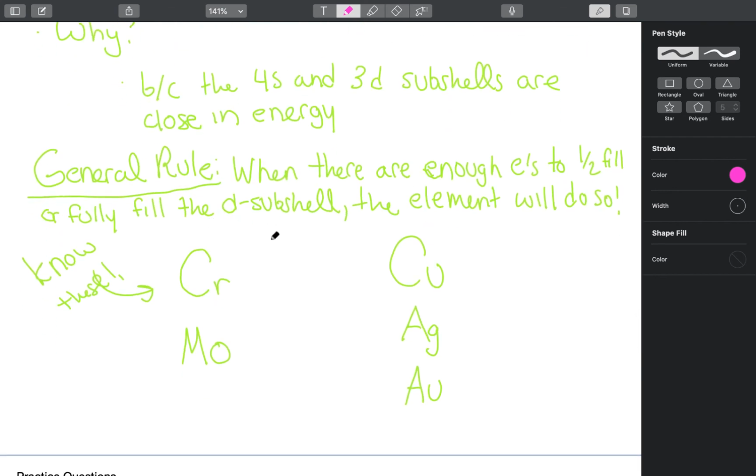So below here, I have the particular elements that you should be worried about when I'm filling out these electron configurations. So the particular elements that you should be worried about are chromium and molybdenum. Now molybdenum follows the same rules as chromium. So molybdenum would follow the same rules as chromium does.